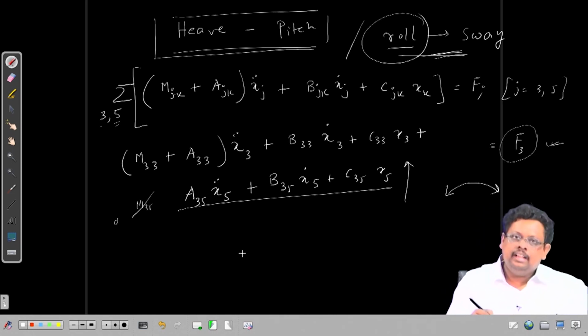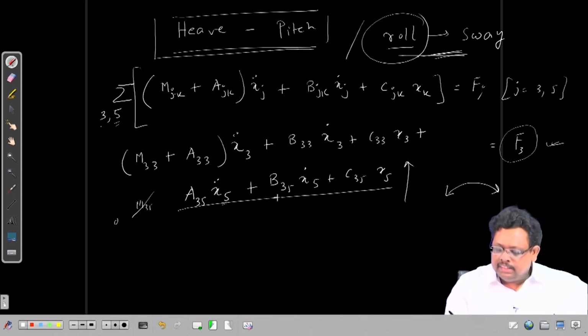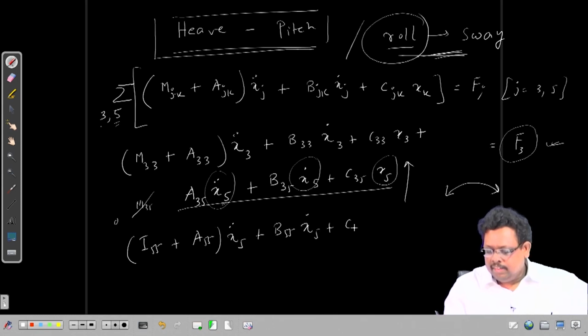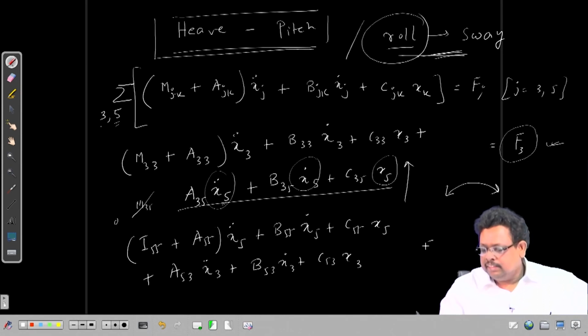I have to take another equation, right, because to compute these terms, x double dot 5, x dot 5 and x 5, I need another equation, which is I 5 plus a 5 into x double dot 5 plus b 5 into x dot 5 plus c 5 into x 5 plus a 3 into x double dot 3 plus b 3 into x dot 3 plus c 3 into x 3 is equal to f 5.